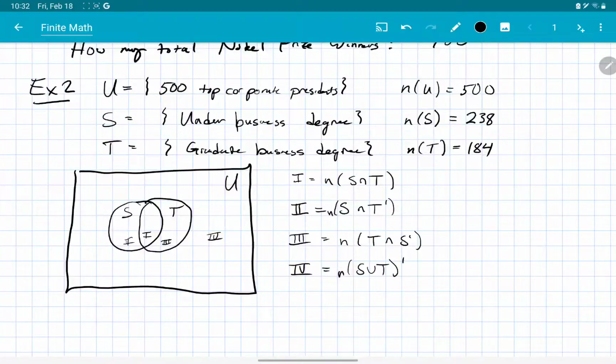Okay, so right now, I don't believe we have quite the amount of information to finish this problem. We need a little bit more. We need to know what's in S union T, and that's given to us as 310.